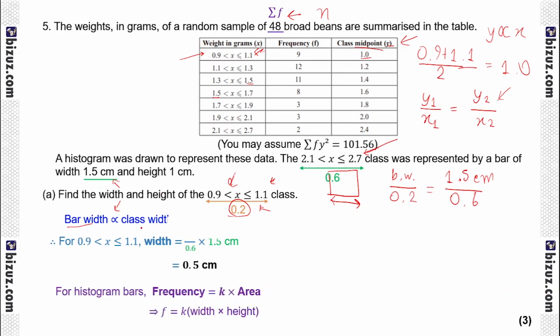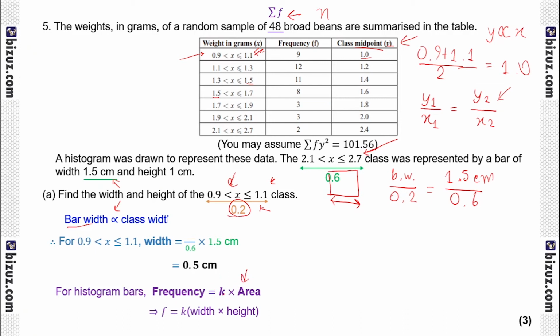Now to find the height on the histogram, we need to remember the fundamental property of a histogram: for every bar, and even for the whole histogram itself or any portion of it, the frequency is going to be proportional to the histogram area.